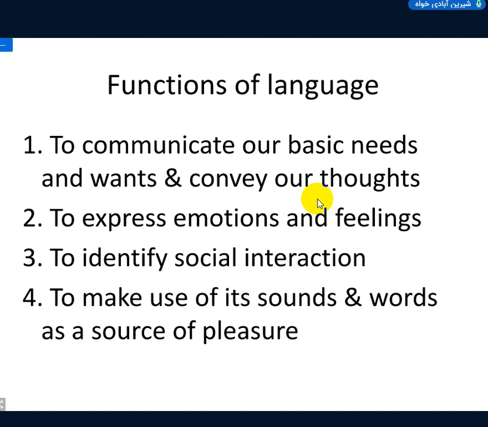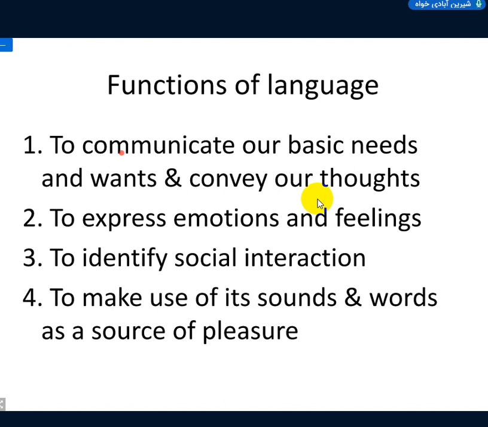As a student of language, you are familiar with the vocabulary in this field, for example, communication. We communicate our needs and wants, and we convey our thoughts. This is one function of language.